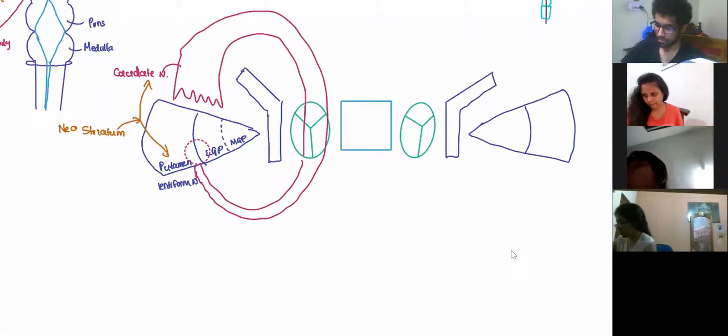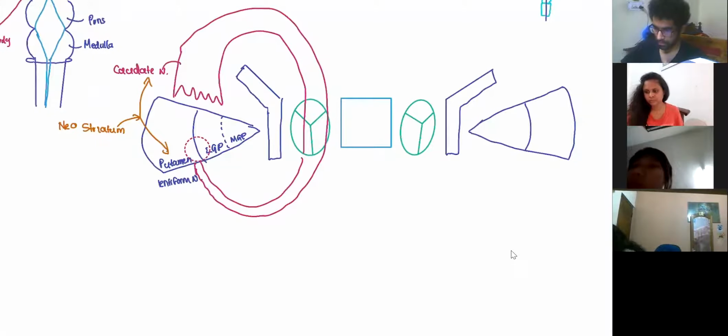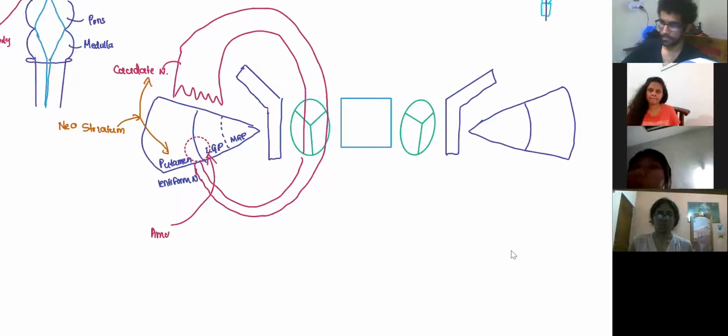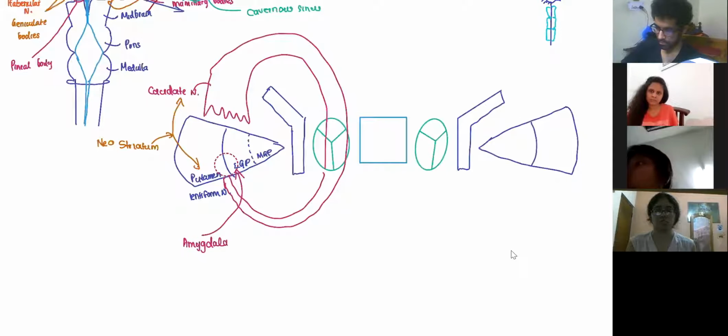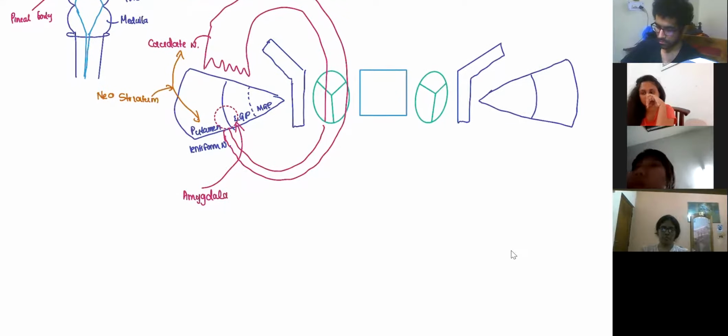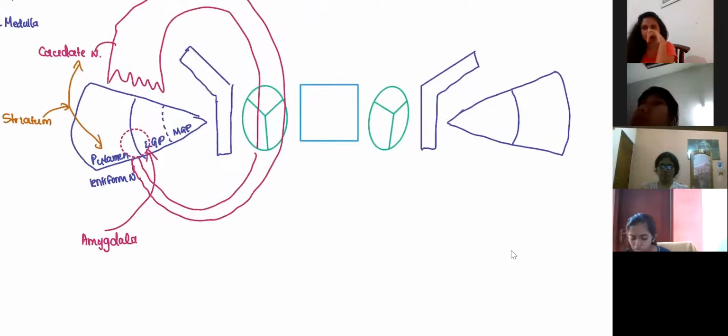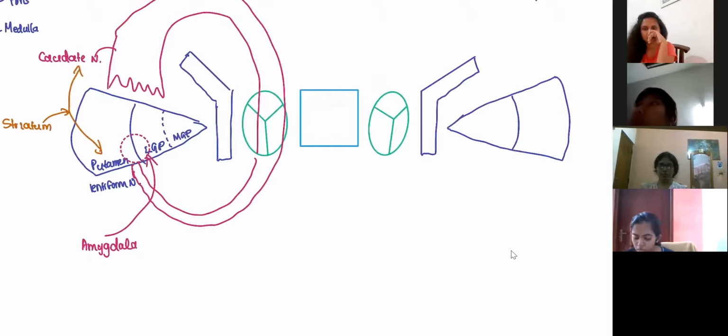And what is the body which is present below, which I draw here? Amygdala. Yes, nice. Now, okay, guys, understand this. The structure I'm drawing is below the lentiform nucleus, but because I can't draw it here, I'm just going to draw the amygdala on the side.